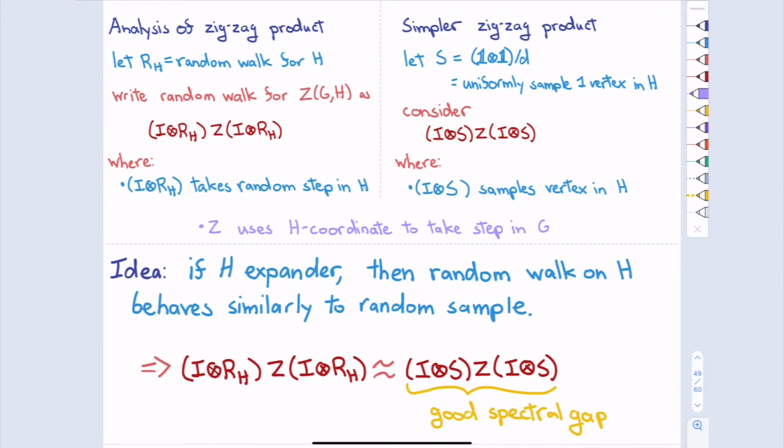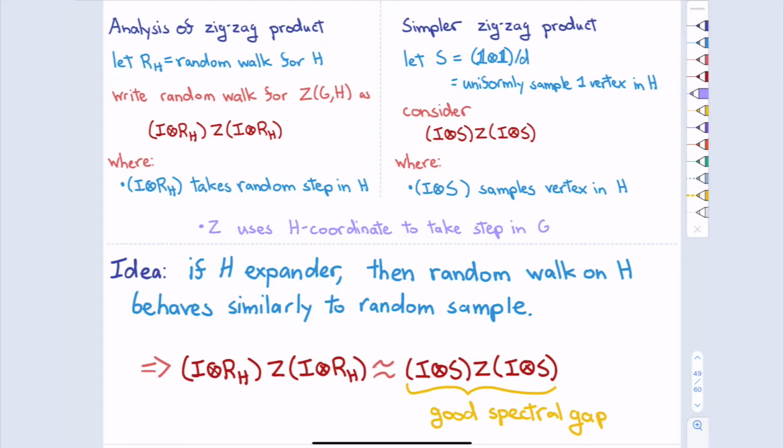So here's the high level intuition of the analysis that we're going to do. We have these two different things. Intuitively, if H is an expander graph, roughly by definition, a random step looks a lot like sampling a random vertex. Why? If you take log n steps, you're at the stationary distribution, and since it's a constant degree expander, the stationary distribution is uniform.